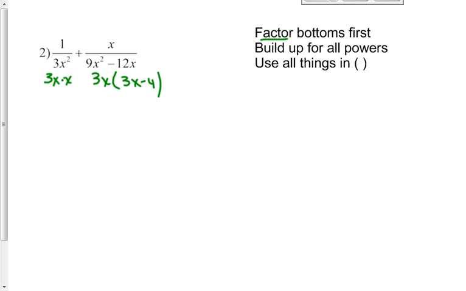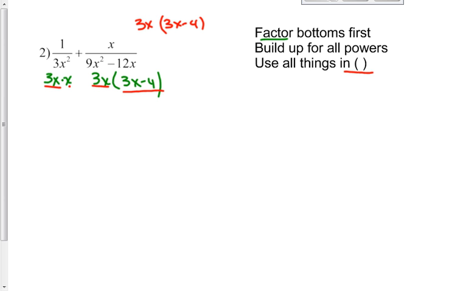Now I need to pick out my common denominator. Anytime you see something in parentheses, you're going to be using that for sure as part of your common denominator, 3x minus 4. I've got a 3x and a matching 3x in both fractions. I'm going to use that matching piece one time, and then if I have anything left over, I need to use that as well.